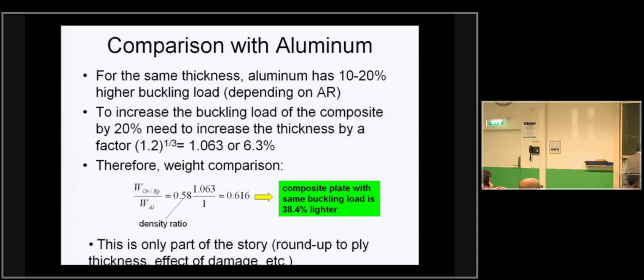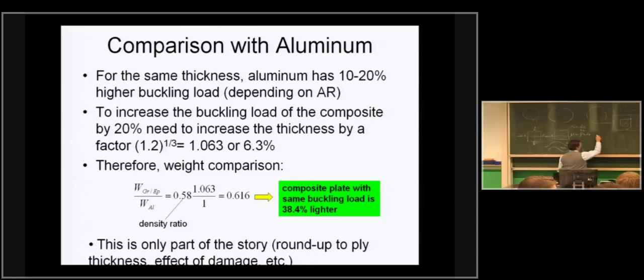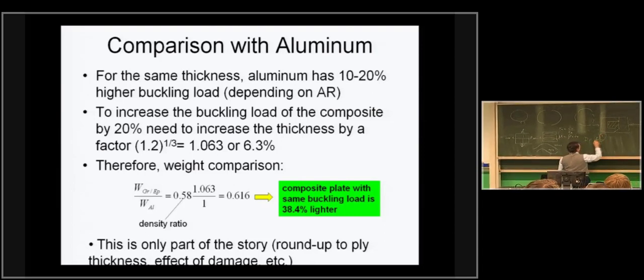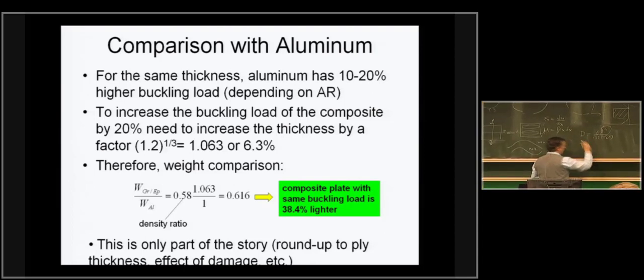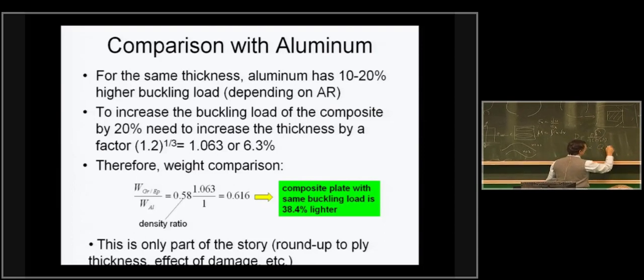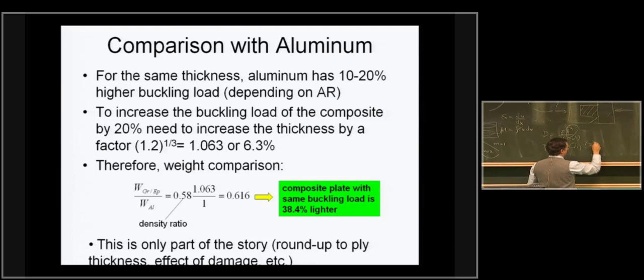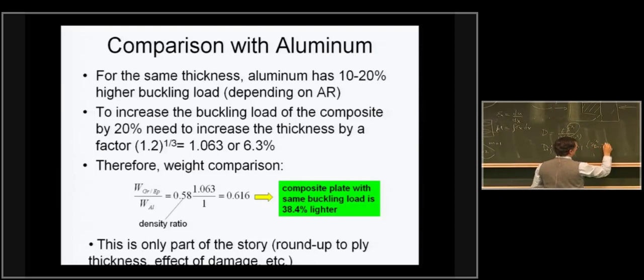The D matrix, whether it's for isotropic material, we said it's Eh cubed over 12 times 1 minus nu squared, or the Dij for a composite material, goes like the Qij times Z_k cubed minus Z_k-1 cubed.